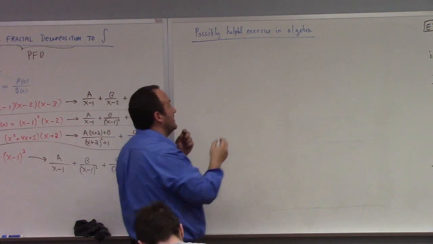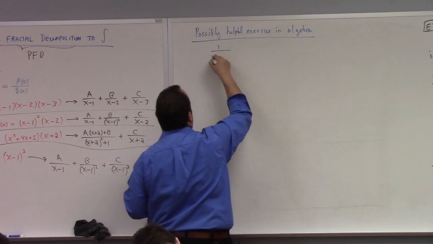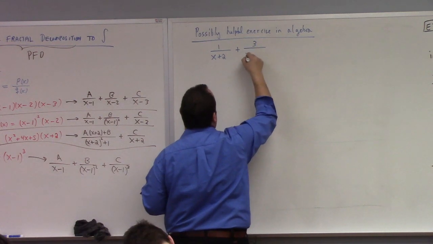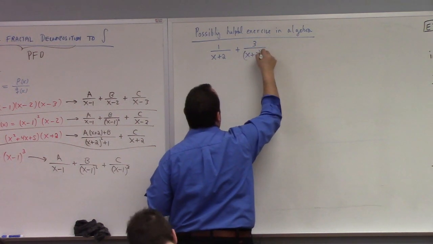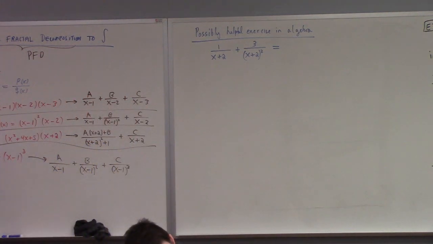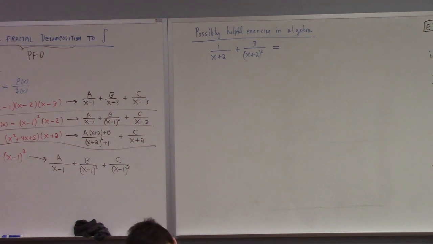Let's try to look at 1 over x plus 2 plus 3 over x plus 2 squared. What's that equal to? If I want to make that into a single rational function, what do you do? You make a common denominator, right?